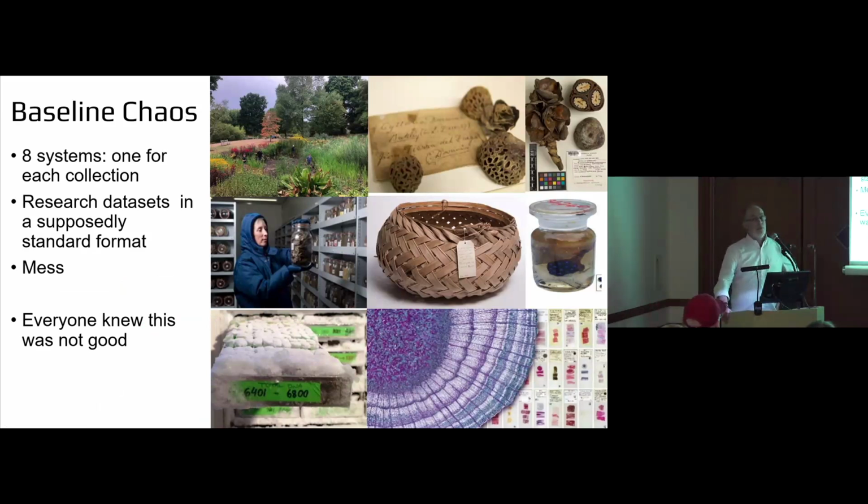The biggest problem was that data got lost. People put in lots of effort and flushed it down the great toilet in the sky, and huge amounts of effort just disappeared because it wasn't an institutional system. So we ended up with a mess, and the only good news was that everybody knew it wasn't good. From that position, you can only really go upwards.